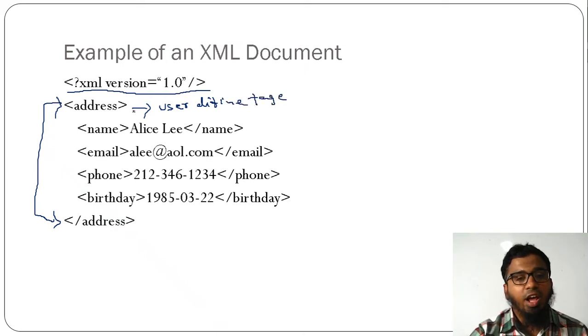Whenever the user is defining the tags, there are some rules that we are also going to see in this class. So here, whenever you are creating user defined tags, this is a tag, and this is also a user defined name, email, phone number, birthday. So this is all defined by the user only.